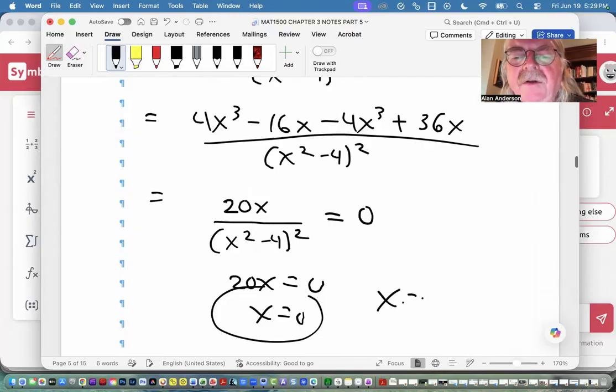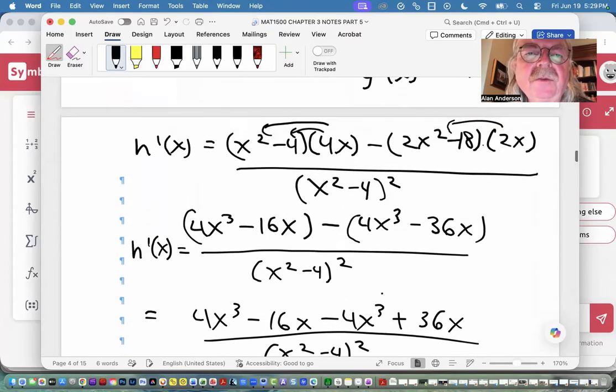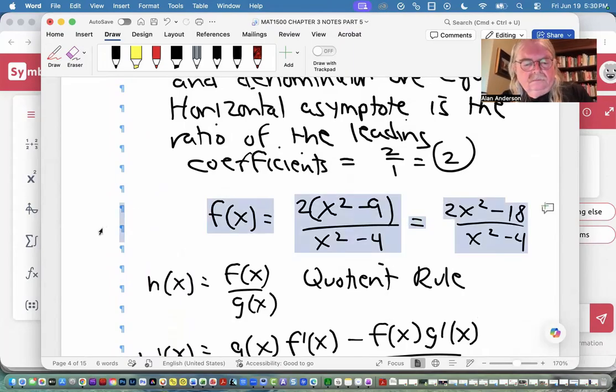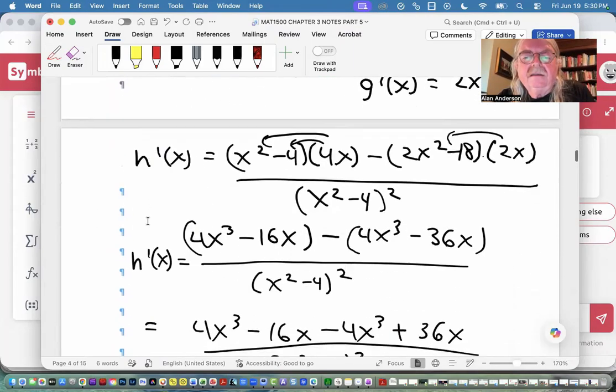So x equals 0 is one of the critical numbers or critical values. And if I plug that into the original function up here, let's see what I get.